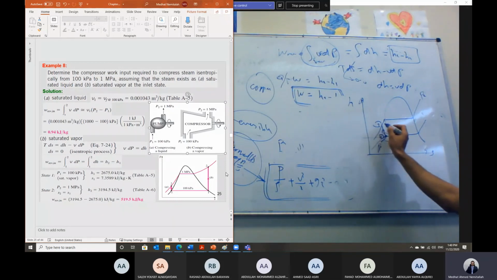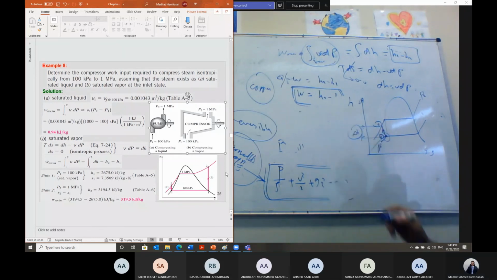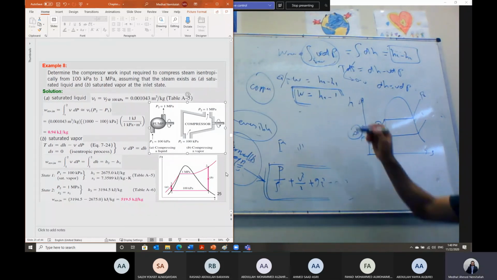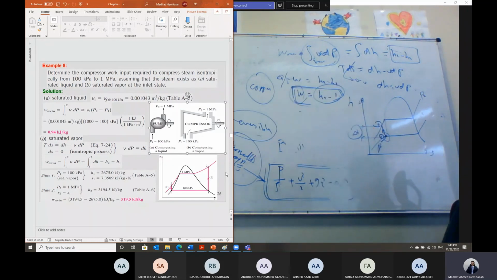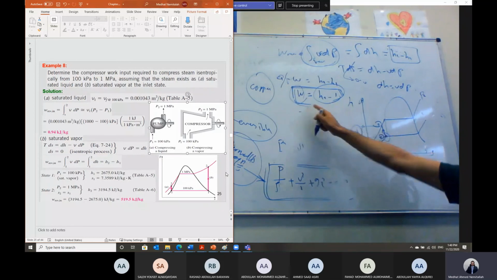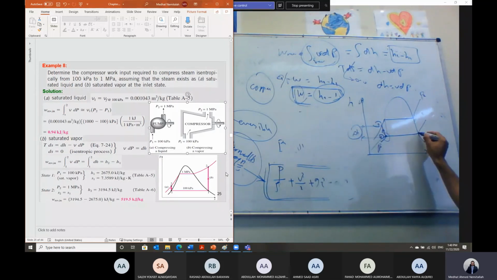We said in the Mollier diagram, this difference gives us an indication of the value of delta H, and delta H gives us an indication of the work. So if delta H is high, the work should be high. In this case, as it is liquid, delta H is small. But look here, if it is gas, then for the isentropic process, the difference delta H is high, so the input work should be higher.